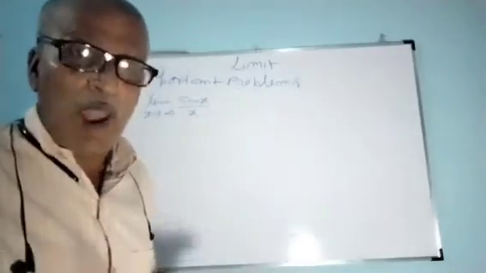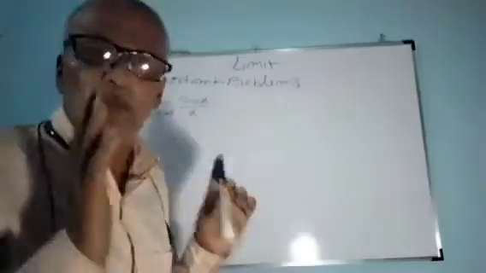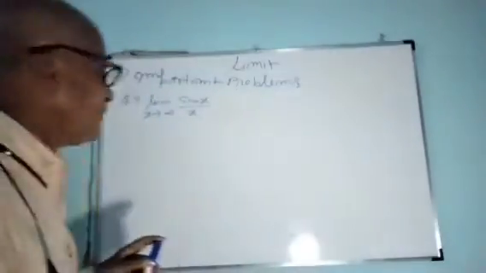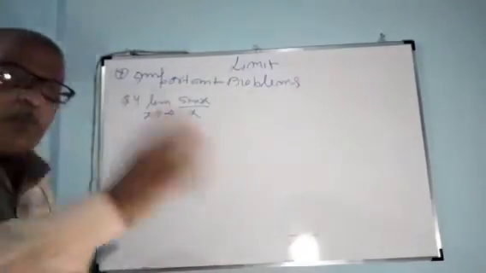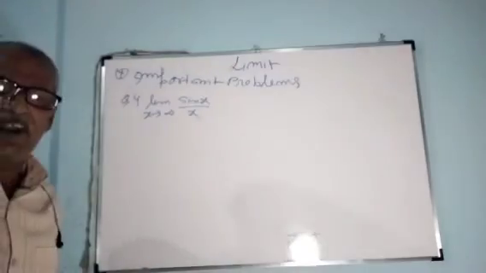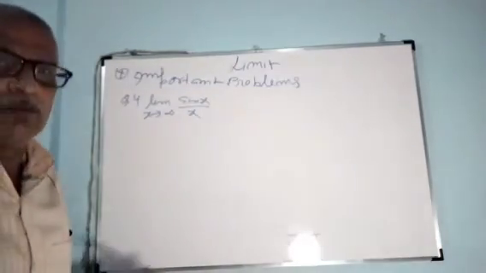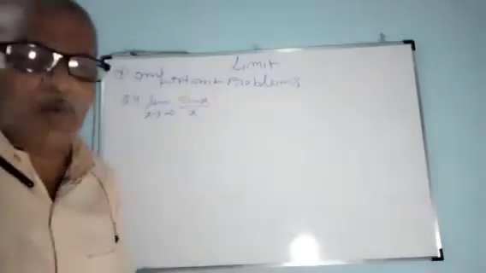Whatever the value of x may be, that is, whatever the value of the angle may be, the maximum value of sine is plus 1 and the minimum value of sine is minus 1. So the value of sin x will lie between minus 1 to plus 1.